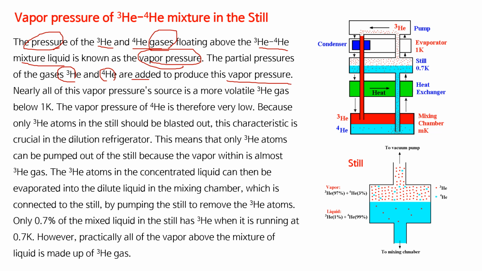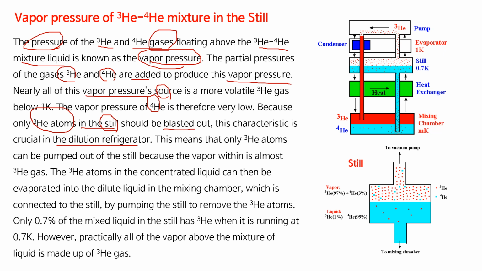Nearly all of this vapor pressure source is the more volatile helium-3 gas below 1 Kelvin. The vapor pressure of helium-4 is therefore very low, because only helium-3 atoms in the still should be blasted out. This characteristic is crucial in the dilution refrigerator.